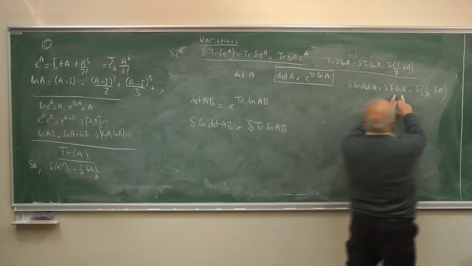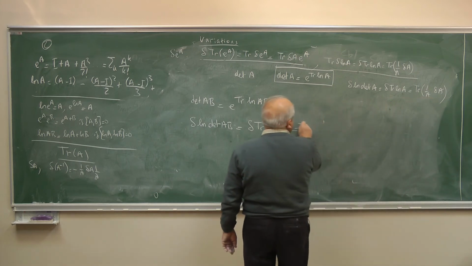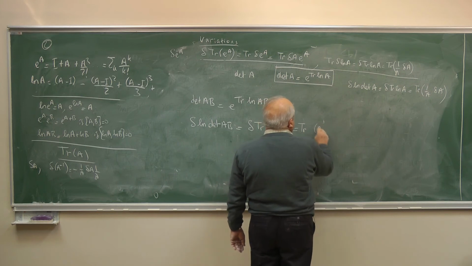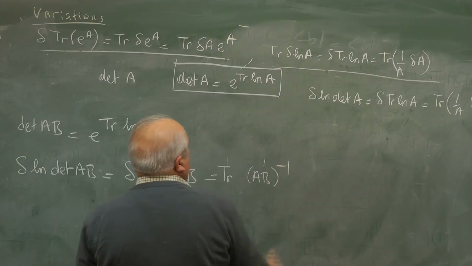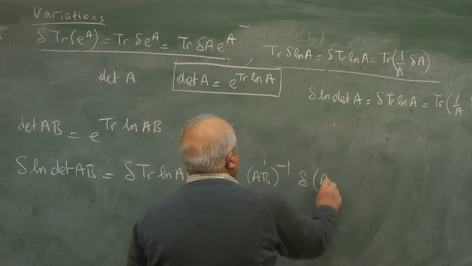Here, instead of A, I have AB. So it is equal to trace of AB minus 1 times delta AB.